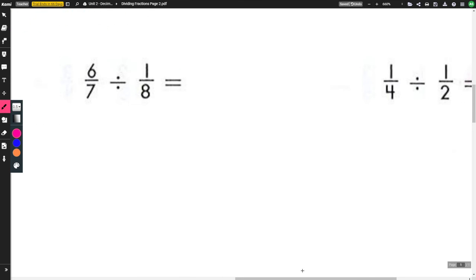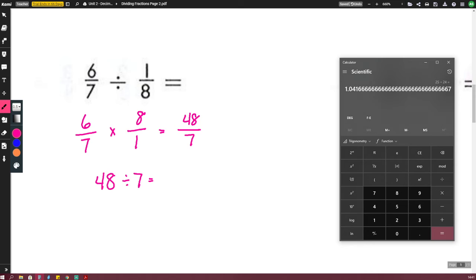Next up is 6/7. Change it to multiplication, and flip. So we do 6 times 8, 48 over 7. Now 48 is bigger than 7, so I have to make it into a proper fraction. See how many times 7 can go into 48, which means I'm going to pull up my calculator, do some math, 48 divided by 7.